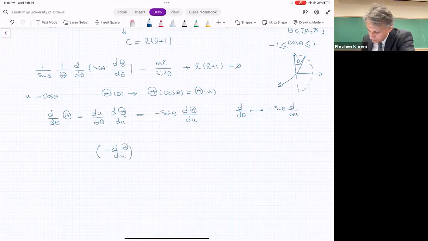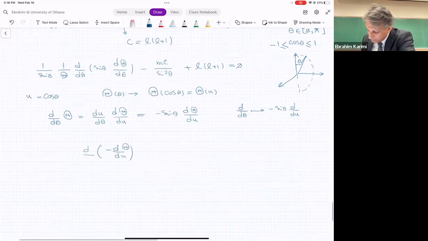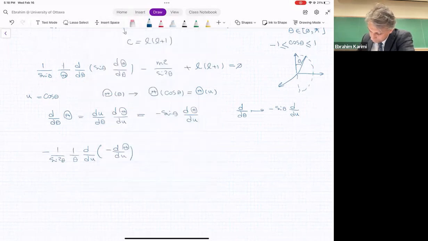The second term will be d du, and that will be 1 divided by theta with the negative sign of sine square of theta. And then I have minus m square divided by sine square of theta plus L times L plus 1 equal to 0. All right.